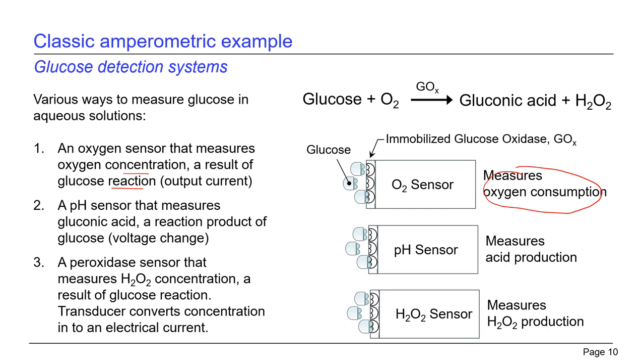A pH sensor can measure gluconic acid, a reaction product of glucose, resulting in a voltage change. So in this pH sensor, we're measuring acid production. And a peroxide sensor measures hydrogen peroxide concentration, also a result of the glucose reaction, and a transducer converts the concentration of the peroxide into an electrical current.